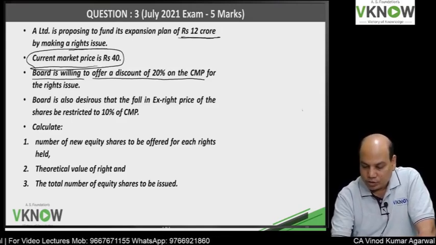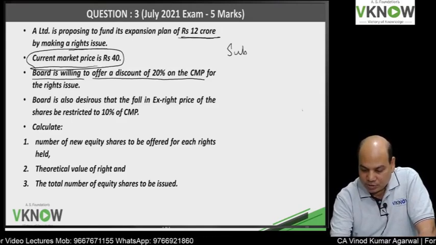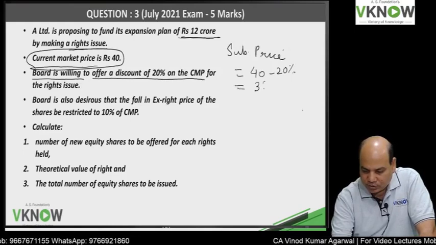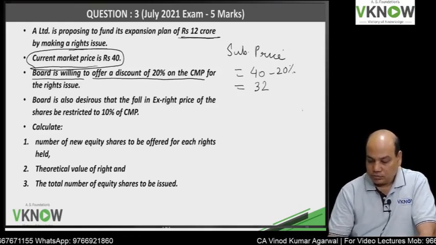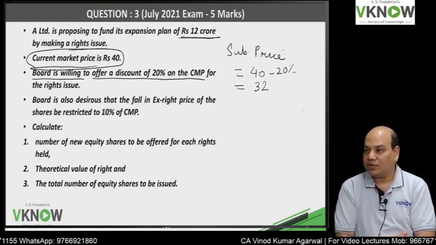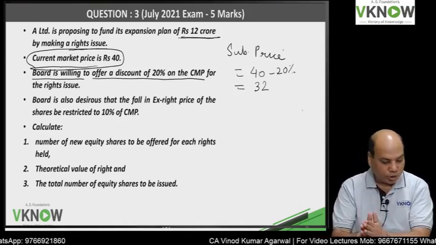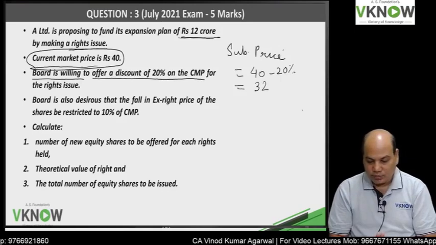Understood? So what will be the subscription price? 40 minus 20%. Is it 32? So in order to motivate the existing investors to subscribe to the share, they will have to offer the share at a lower price.